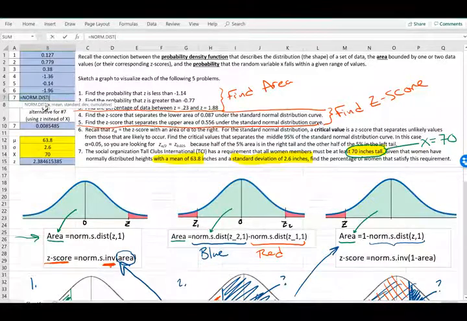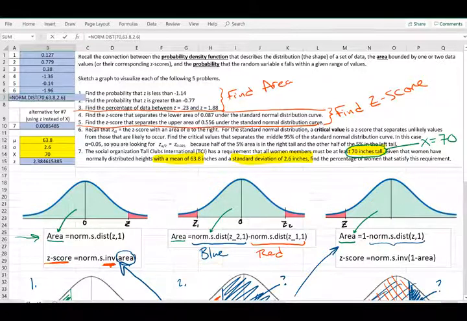And when we select that, Excel needs to know the x value, also the mean and the standard deviation, and all that's given. So the x value is 70. The mean is 63.8.